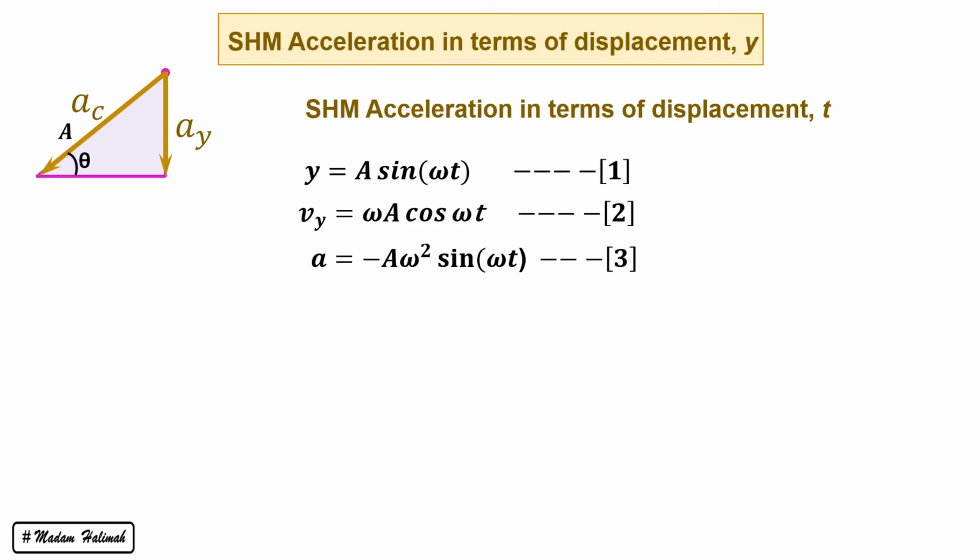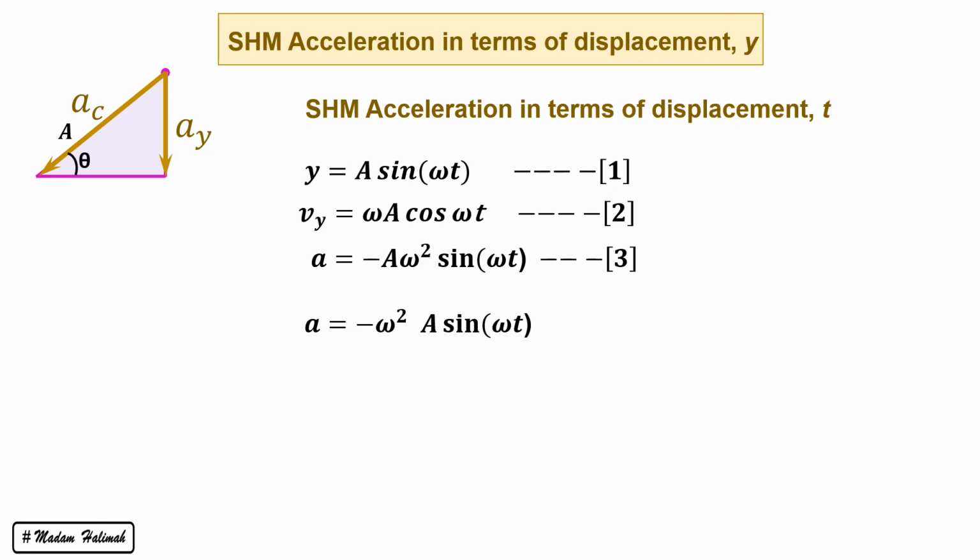Now let's consider simple harmonic motion, acceleration in terms of displacement y. Look at the equation before. Y is equal to A sin omega t. Vy is equal to omega A cos omega t.